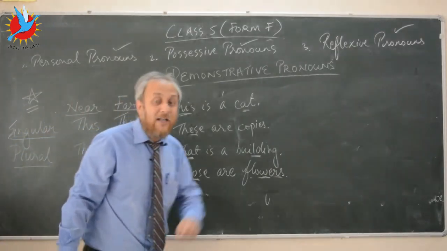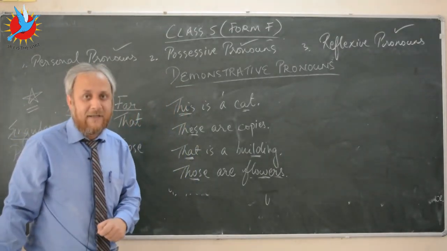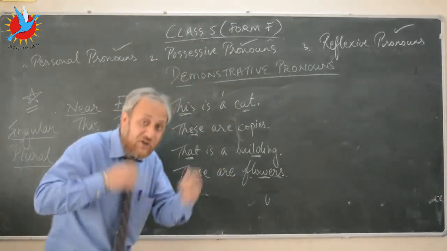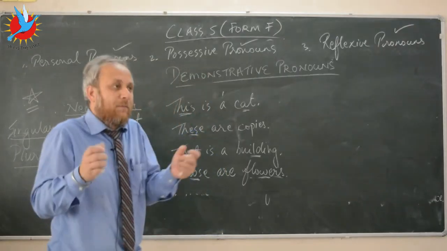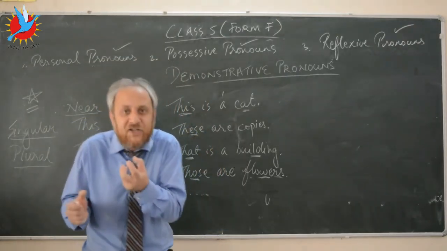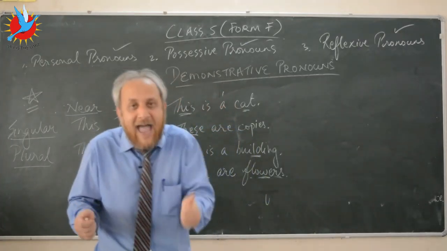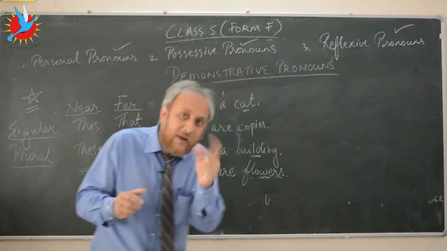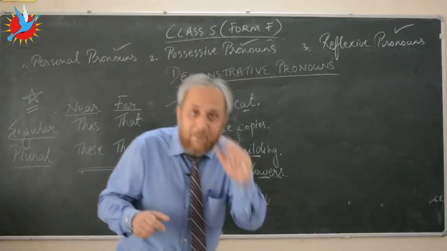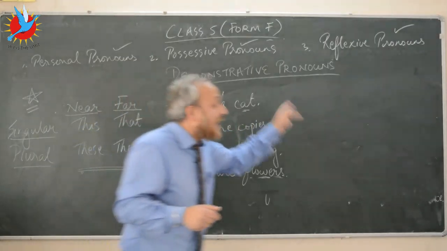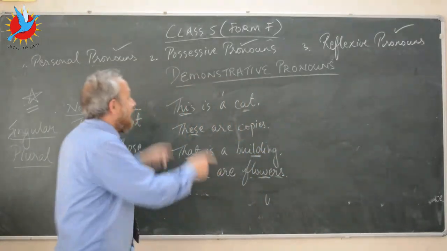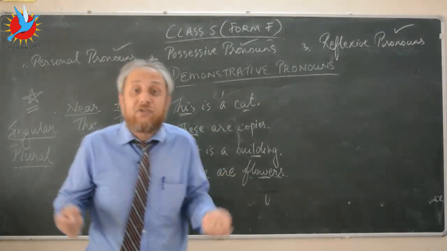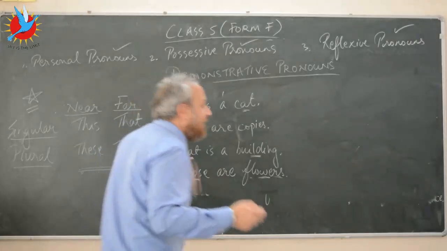Now we have something called demonstrative adjectives as well, and I just want you to make a note of that. So how do demonstrative adjectives work? Basically we have demonstratives. This, that, these and those are called demonstratives, and we have two kinds of demonstratives. One is a demonstrative adjective, the examples of which I'll write on the board, and the other is the demonstrative pronoun. So how do demonstrative adjectives work? Well, it's very, very simple.